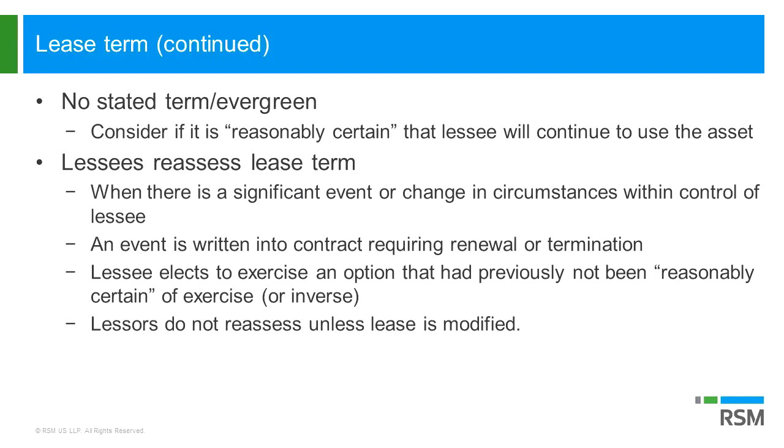So again, if you have a month-to-month lease with these renewal options, and it's reasonably assured that the lessee is going to continue using the asset, you'll need to factor that in when you're defining the lease term. And once again, it'll probably take you out of the short-term lease classification into 842.